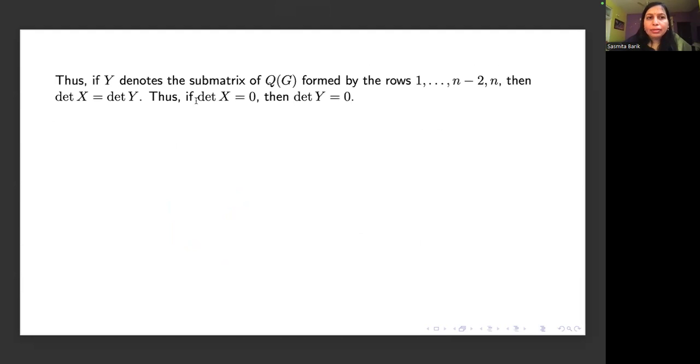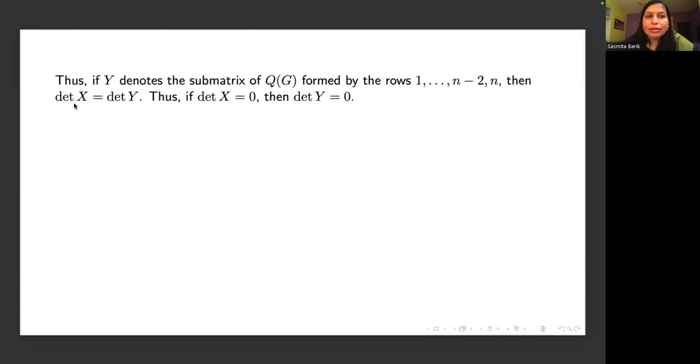Then if I denote by Y the submatrix of Q_G that is formed by taking the rows 1 to n minus 2 and the last row n, so I'm leaving out row n minus 1, then I can say that the determinant of X will be the determinant of Y, because what we did is we just added the rows and made the last row of your X. That will not change the determinant.